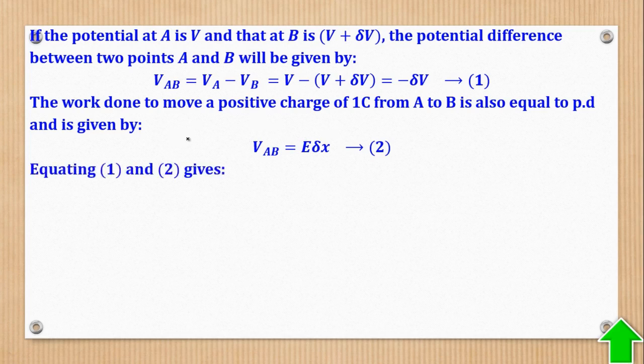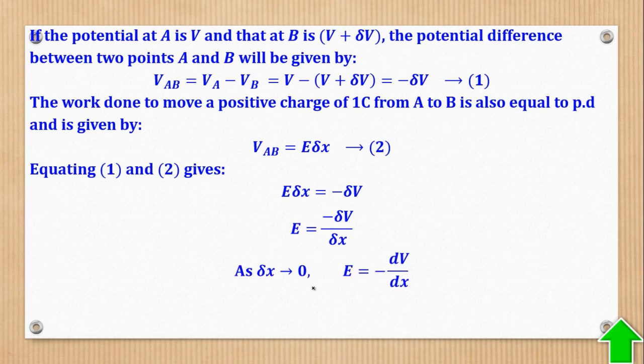Now when I equate the two, I'll come up with this. And when I make this the subject, I'll come up with this. Then in the limit, as the change in x tends to 0, this one tends to dV/dx.